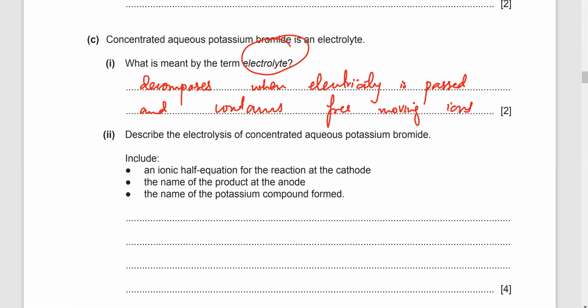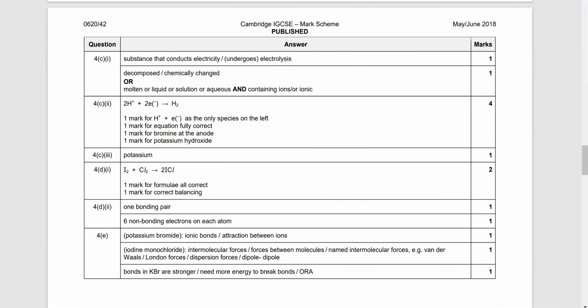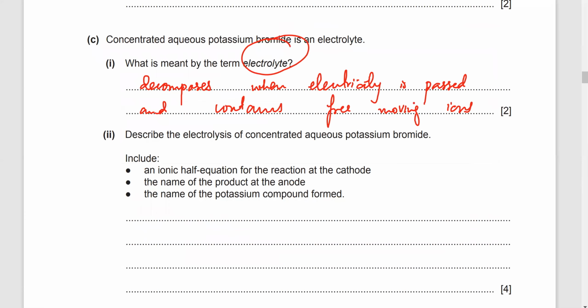Okay, we can have a look at the answer to this part. Substance that conducts... we missed this part. We wrote down decomposes, and contains ions. So we wrote free moving ions, but we did not write that it conducts electricity. I thought that was understood. Actually, we did write this down. So I think our answer is complete.